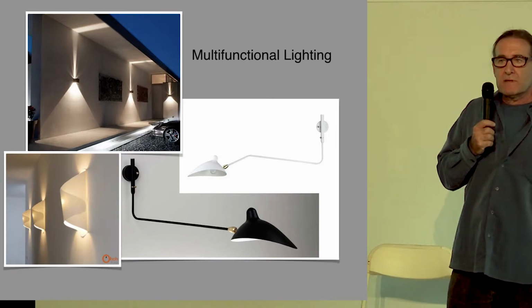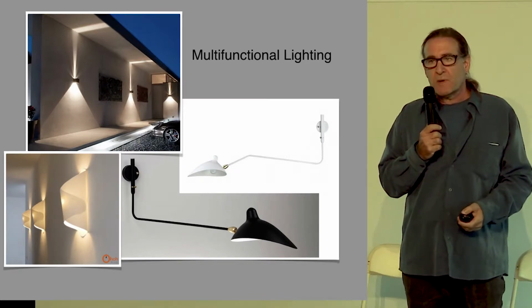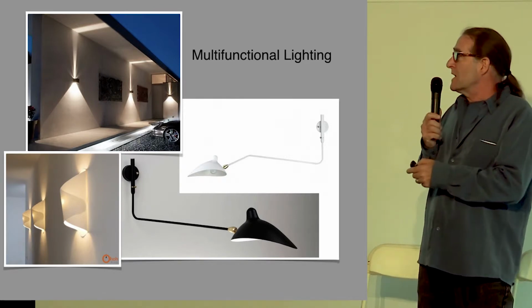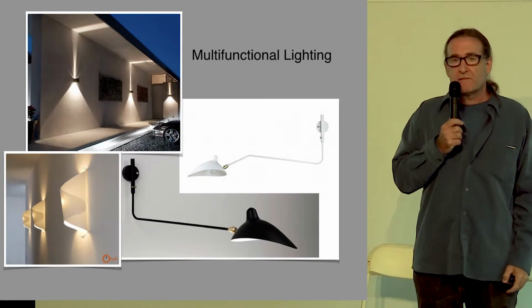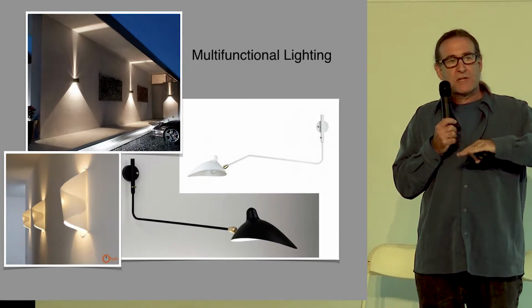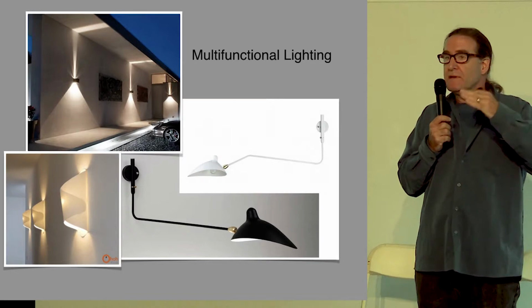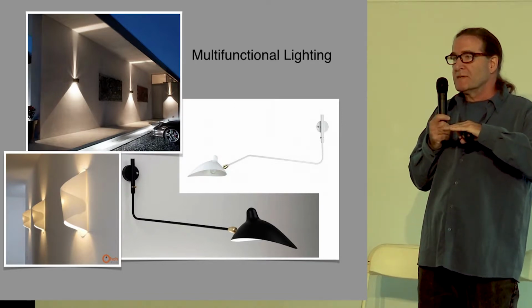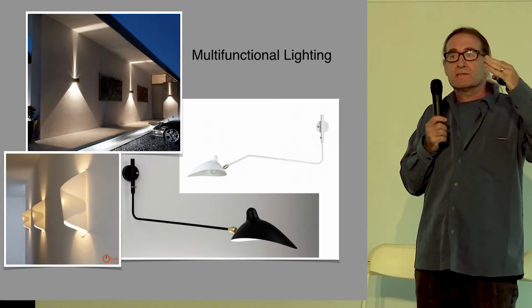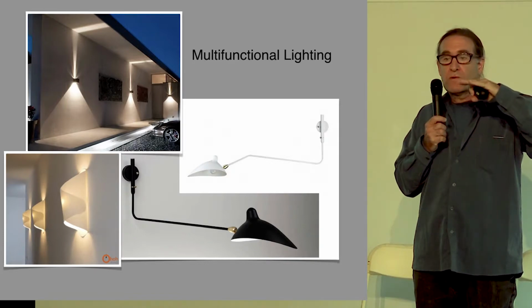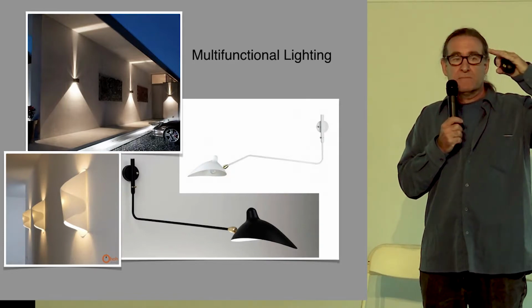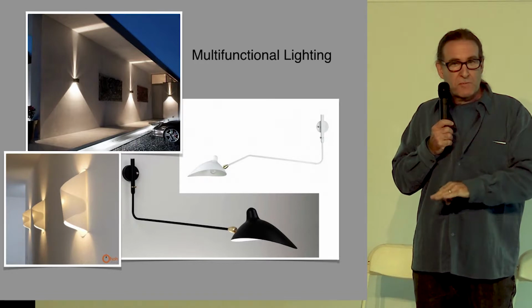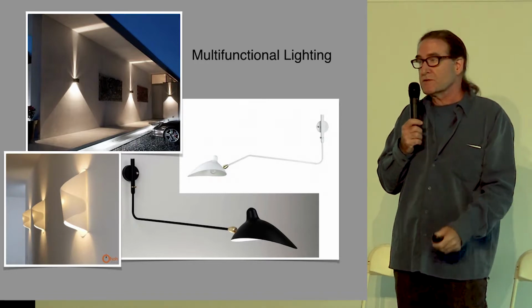And I want to keep the light as multifunctional as possible. So in this case, we have a couple of examples on the left of light that projects both up and down, that being something that will enhance the space both for reflection off the ceiling and off the walls, as well as putting direct light onto a surface.